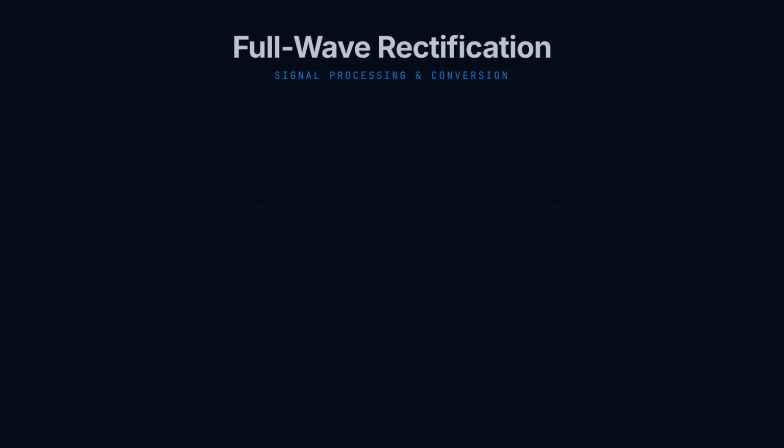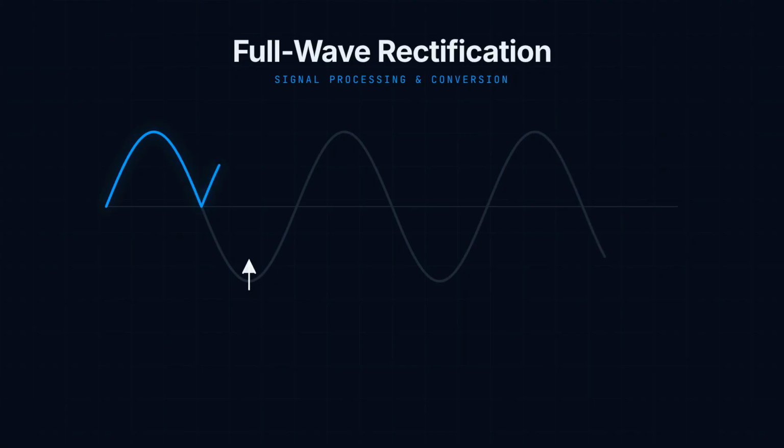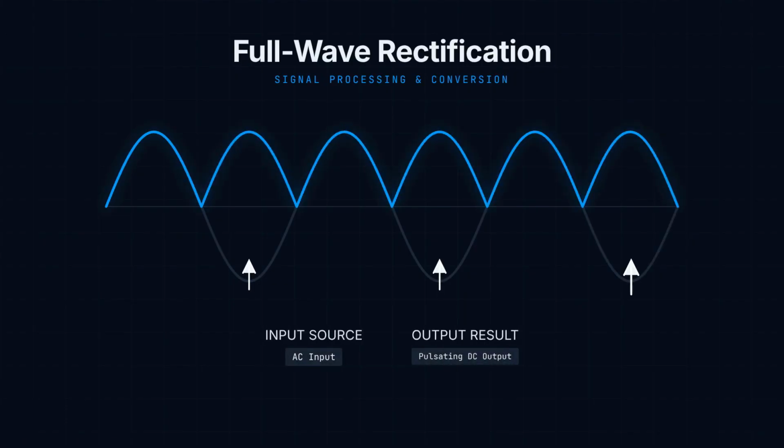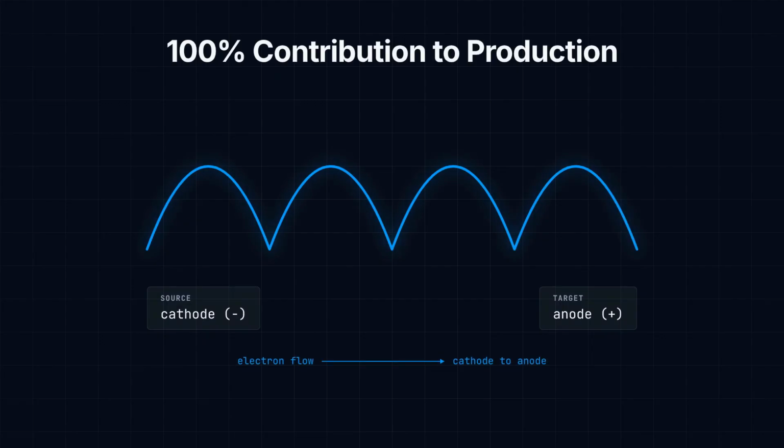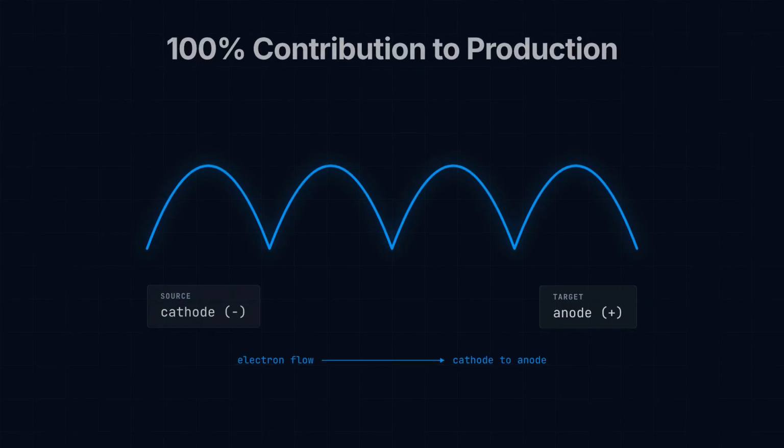Next is full-wave rectification. Instead of simply blocking the negative half of the AC waveform, full-wave rectification inverts that portion of the waveform. This allows both halves of the AC cycle to contribute to X-ray production while maintaining current flow in the proper direction. This makes full-wave rectification more efficient than half-wave rectification.